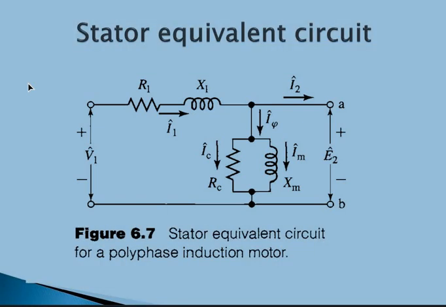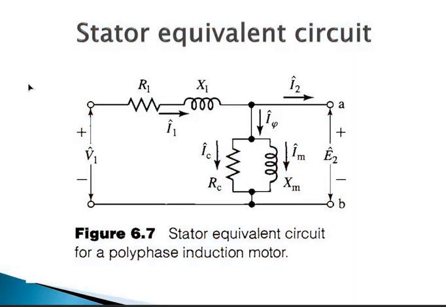For the other two phases, Y and B, the same circuit will be there. The only change is that the supply voltage V1 and the supply current I1 are 120 degrees apart from each other.